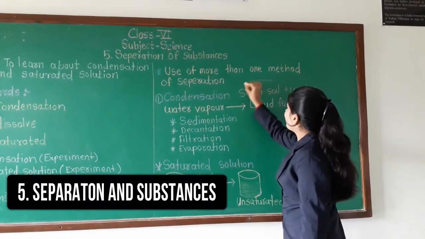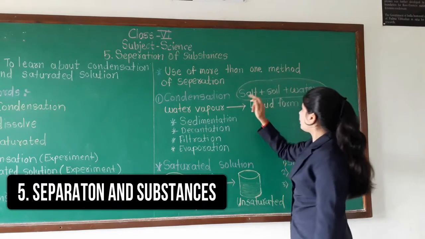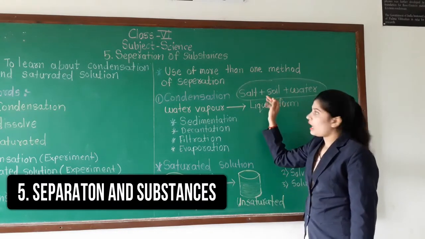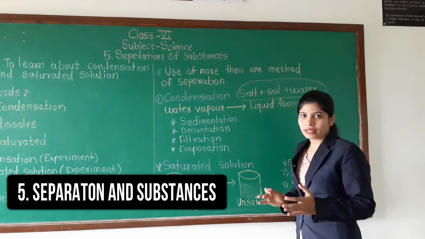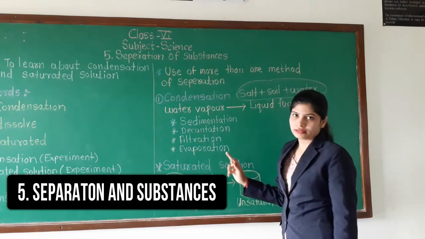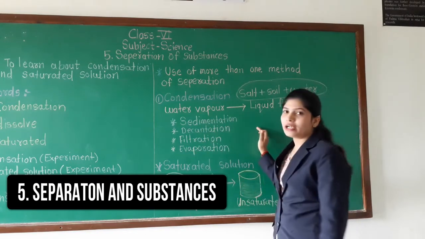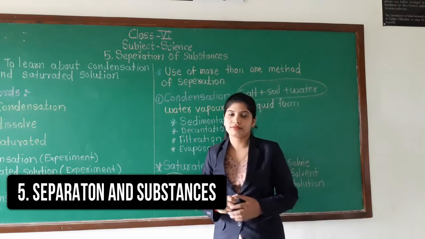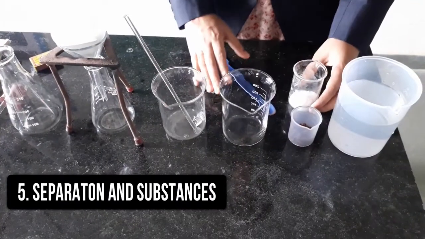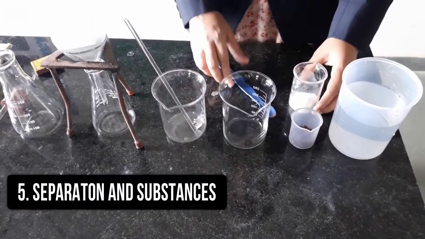We are going to make a solution of these 3 things, and these 3 things we have to separate using these methods. Correct? So let's start our experiment of condensation.